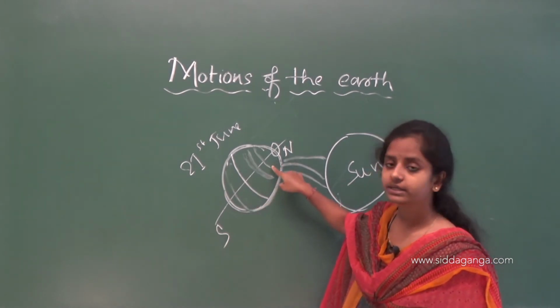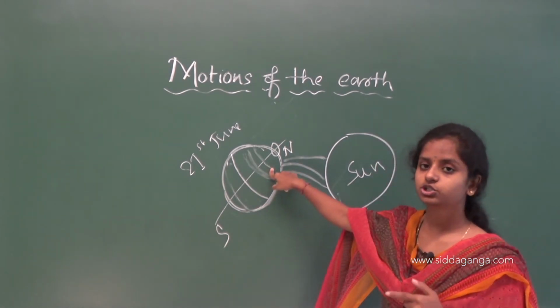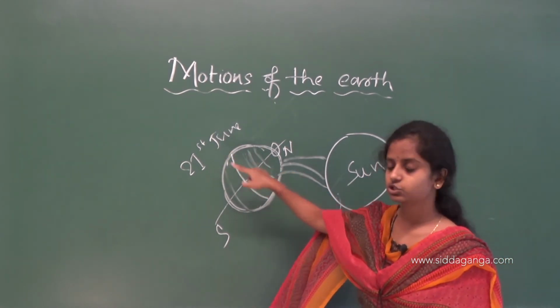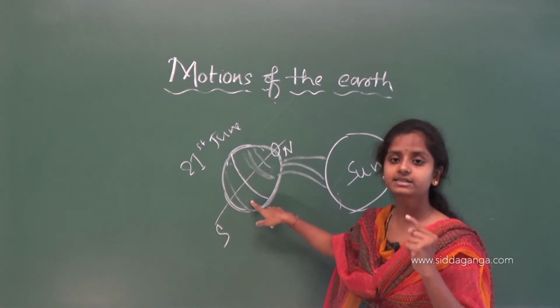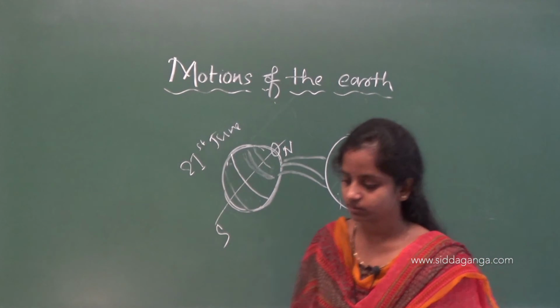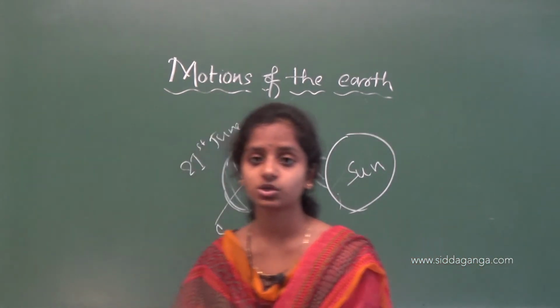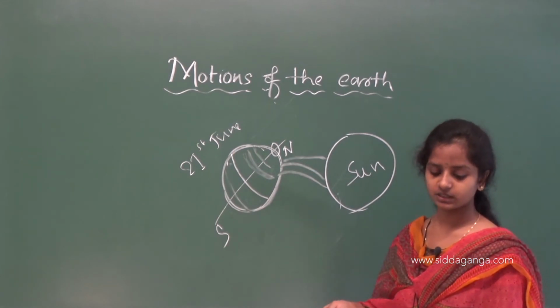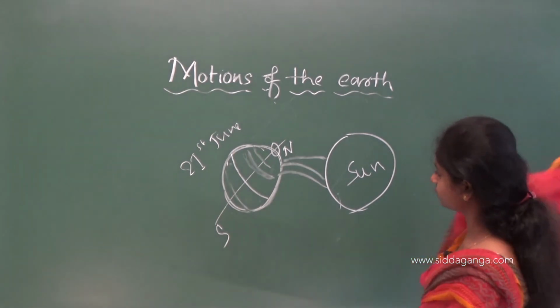But here it is the longest days and the shortest nights. This variation is known as the summer solstice. This position of earth is called the summer solstice.